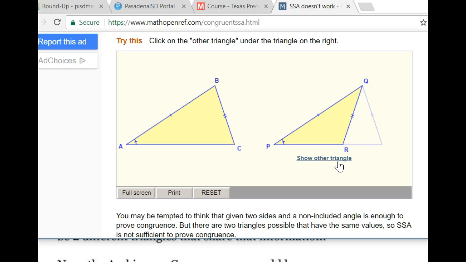So it could be here, or this side could be here. It's the same size, but it makes two different triangles. And that's why in geometry you couldn't have this, because you couldn't prove it. But in trig, we can prove this, and we are going to.